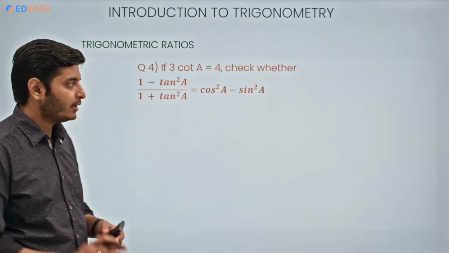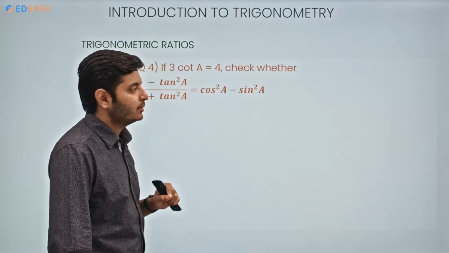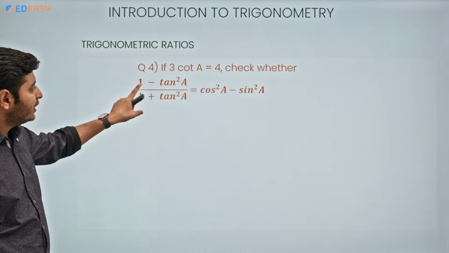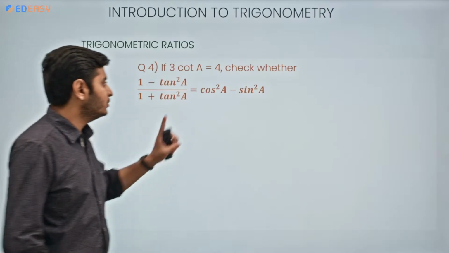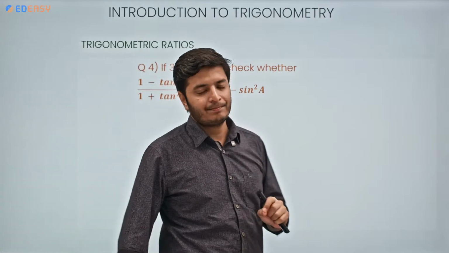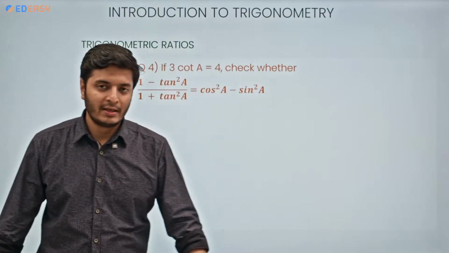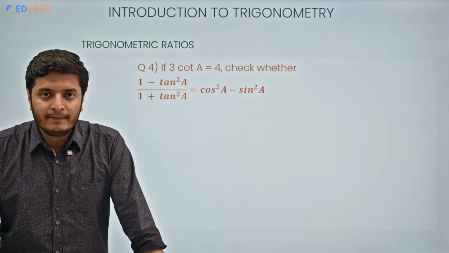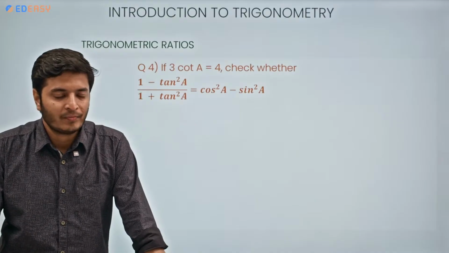Again, one different type. If 3 cot A is equal to 4, check whether the left side, 1 minus tan square A divided by 1 plus tan square A, is equal to cos square A minus sin square A. These types of problems can also be solved using trigonometric identities, which we are going to discuss in the next session.